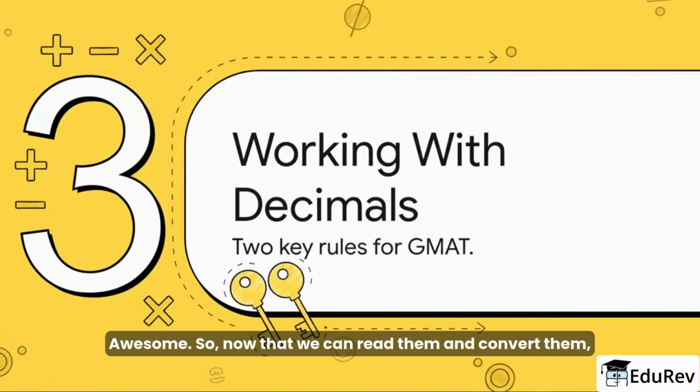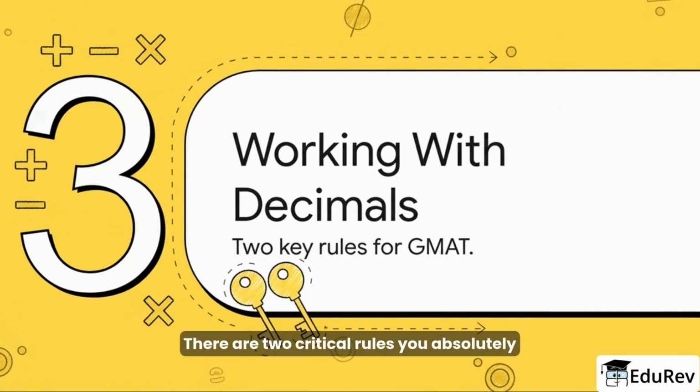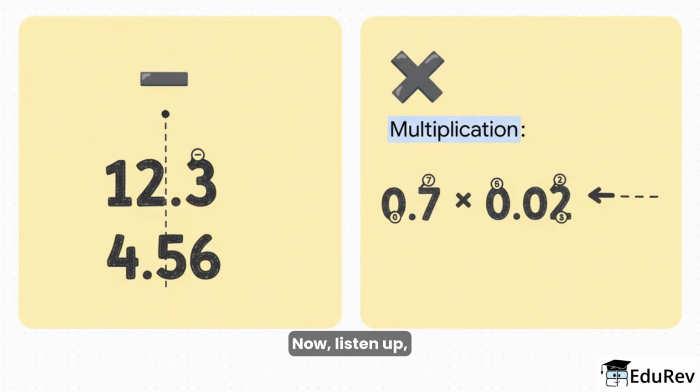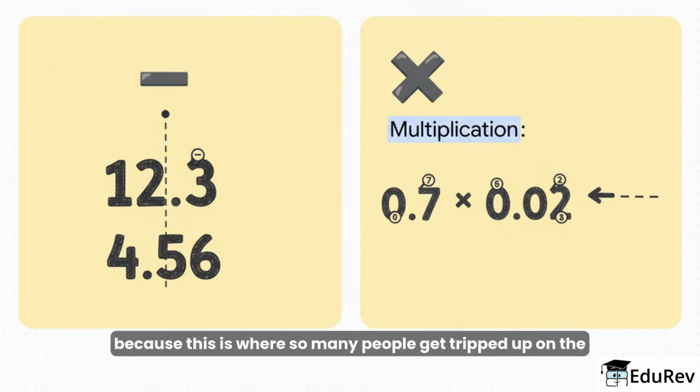Awesome. So now that we can read them and convert them, let's talk about actually using them, the addition, subtraction, and multiplication you'll have to do on the exam. There are two critical rules you absolutely need to burn into your brain. Now listen up, because this is where so many people get tripped up on the GMAT. There are two totally different rules here.